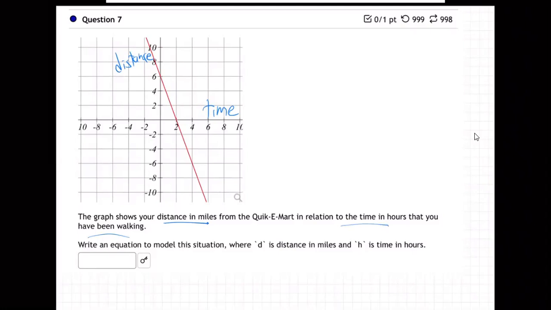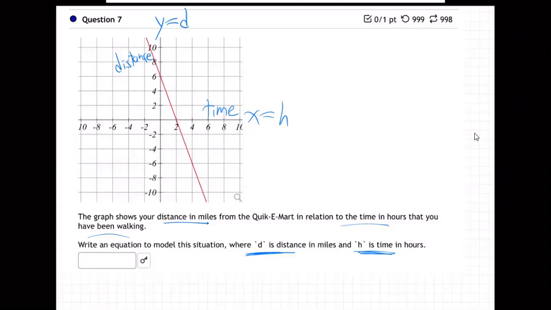Okay, so the x-axis is time, the y-axis is distance. They specifically want us to use D for distance, so that'll be y. And H is hours, so that's the same as x because that's time. So you see how I identify the axes and I make sure I understand what the letters are.